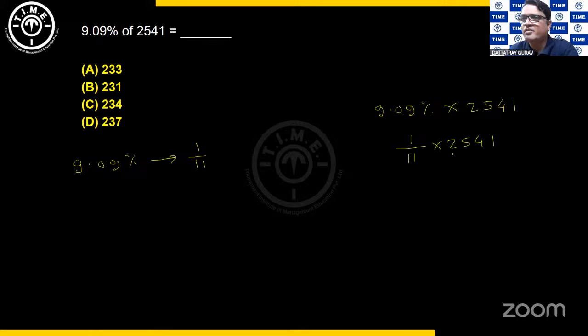So just divide by 11 now. 25 divided by 11 starts with 2, so 3 remaining. 34 divided by 11 will be 3, and 1 remaining. This will be 1. So the answer is 231. Option B is the answer.